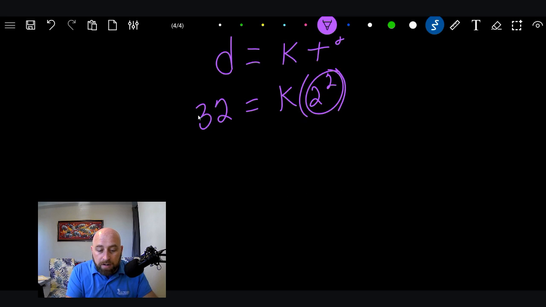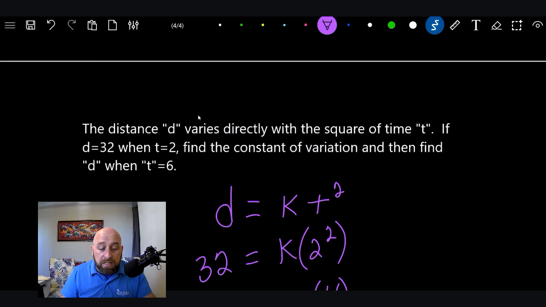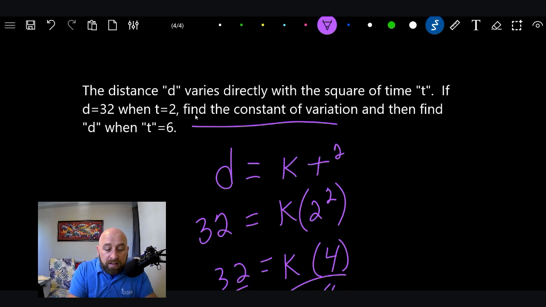Okay, how do we got to do this first? So K times 4, 32 equals, divide both sides by 4, and we find out that K equals 8. Okay, and now what do we do? Well, let's keep reading. Find the constant of variation.